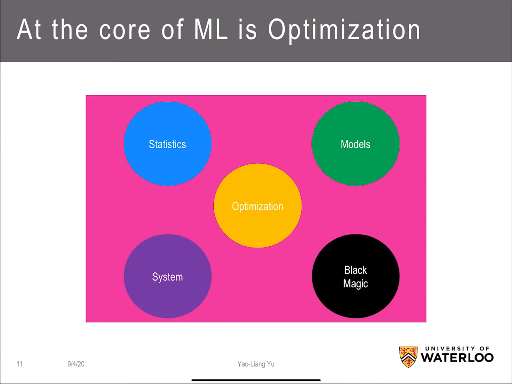And then there's also black magic in machine learning, like how do you tune parameters? Sometimes you have to do some hacks to make things work. We are to touch the optimization aspect in hopefully some rigorous manner, and also in some realistic manner, in the sense that you are going to implement some of these algorithms.